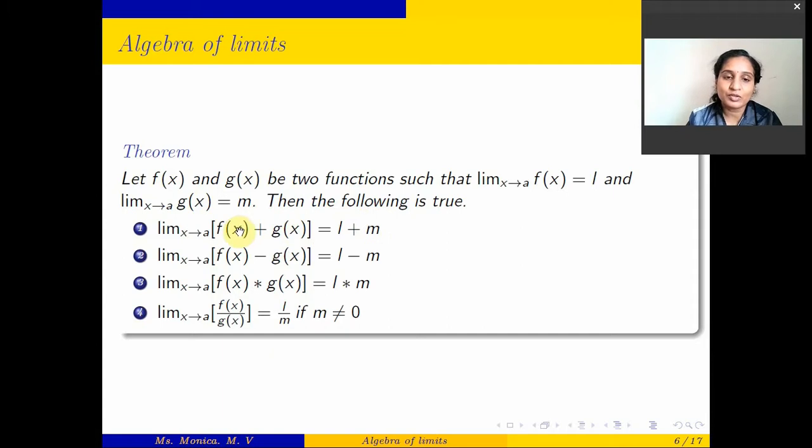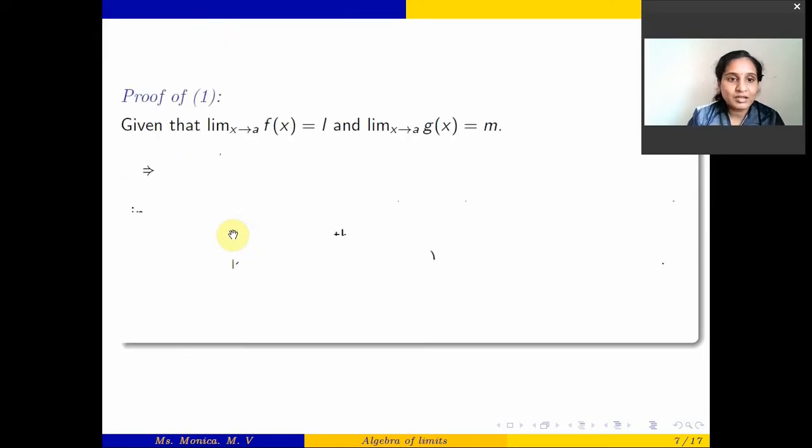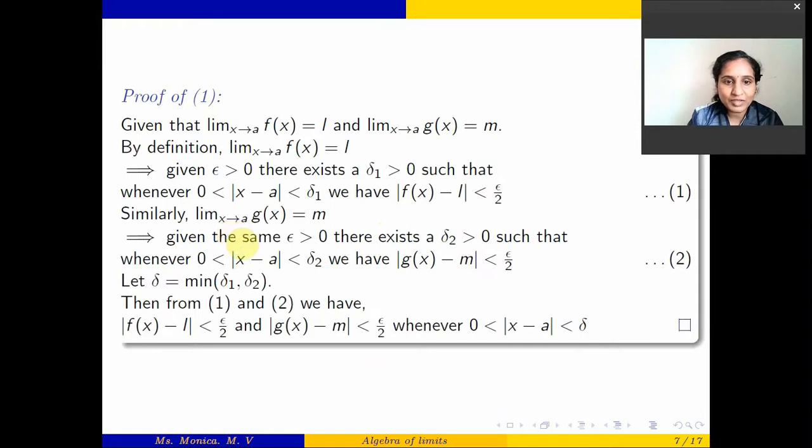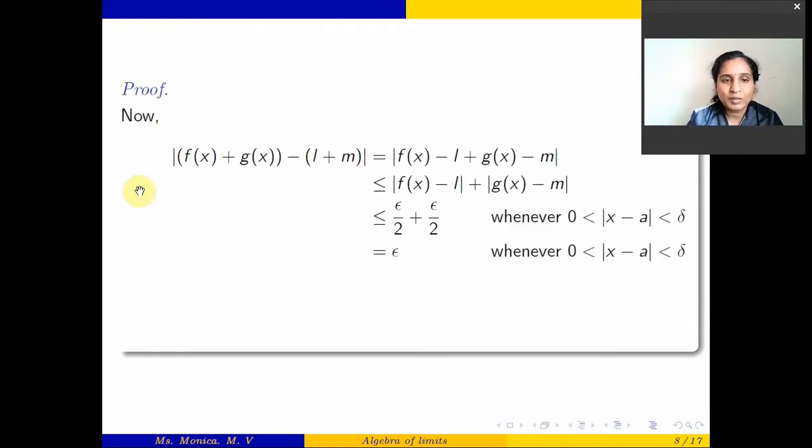I hope you understand. That means the distance, meaning modulus of f of x plus g of x minus L plus m, should be less than epsilon whenever the distance between x and a is less than delta. That is why after this part we have taken modulus of f of x plus g of x minus L plus m.